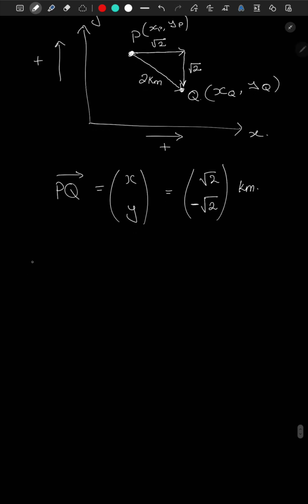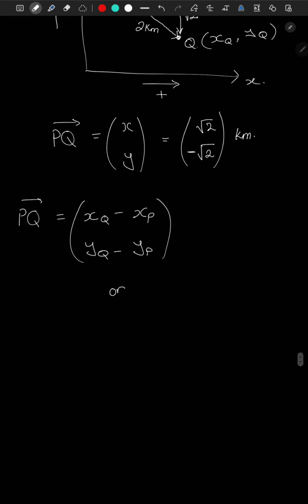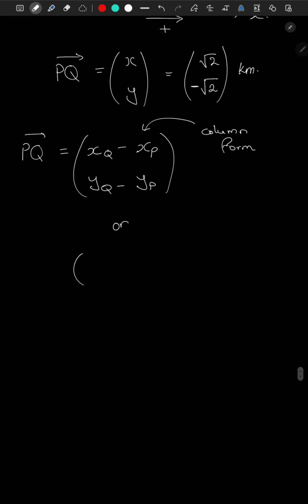So we can write a vector as a column vector, which is given as xq minus xp, yq minus yp by the coordinates. So this is in column form, or in row form. The row form is xq minus xp, comma, yq minus yp.